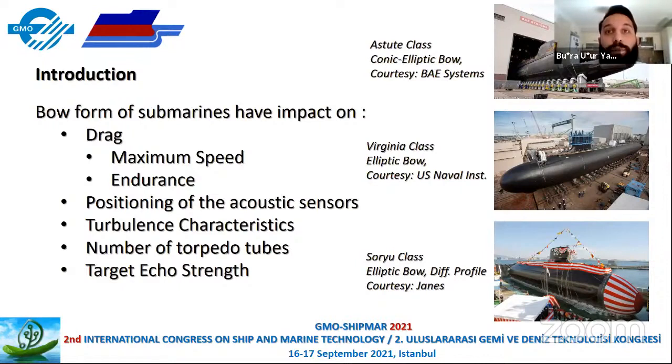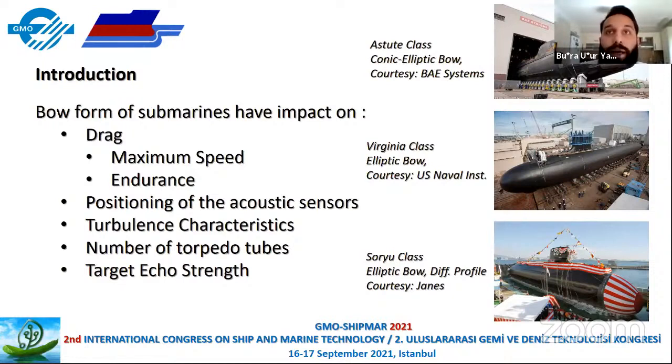This makes it possible for a blunt body of revolution to have 2 times more drag compared to a streamlined forebody. Bow form can also be associated with the stealth characteristics of submarines, since it has an important effect on the reflection properties of sonar waves that can be identified as the target's echo strength.